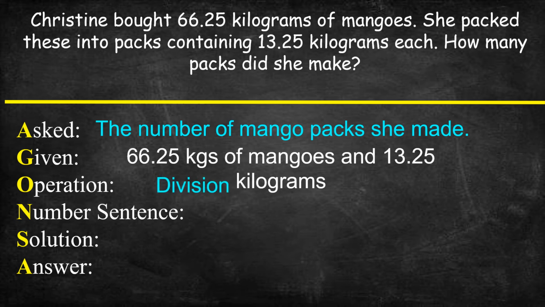And the operation to be used will be division, since we are going to look for the total number of packs that Christine can make or made. And for our number sentence, we have 66 and 25 hundredths divided by 13 and 25 hundredths equals n. Okay, so now let's solve for this.